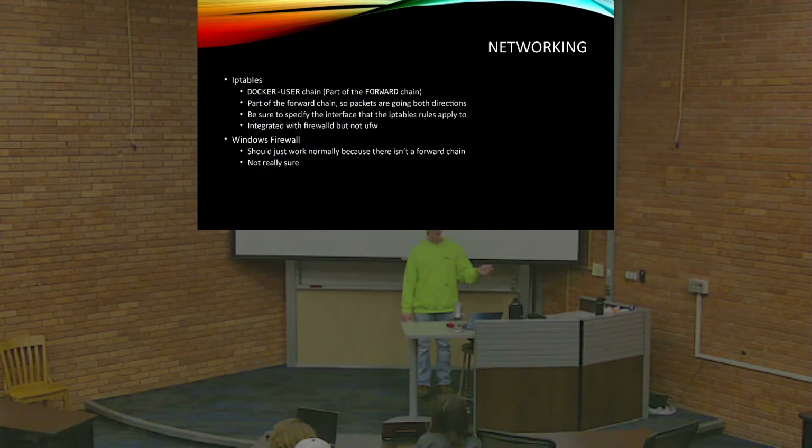So Docker creates this bridge and hooks it up to its own little virtual network that all its containers are able to access. And then it sort of NATs it out. It's really weird, but it all goes through the forward chain.